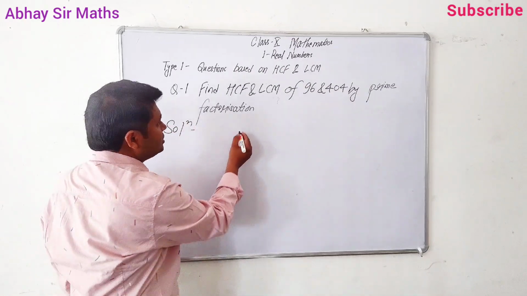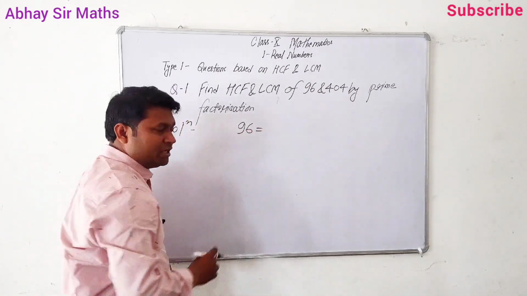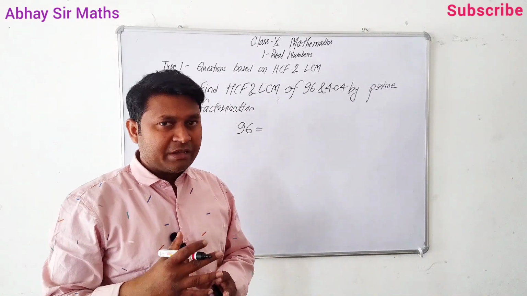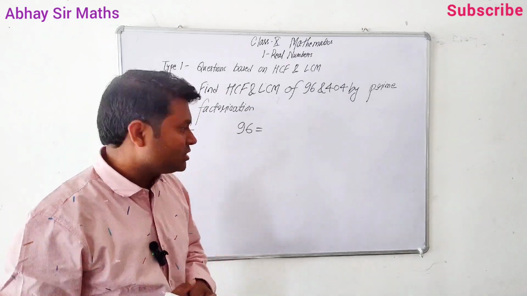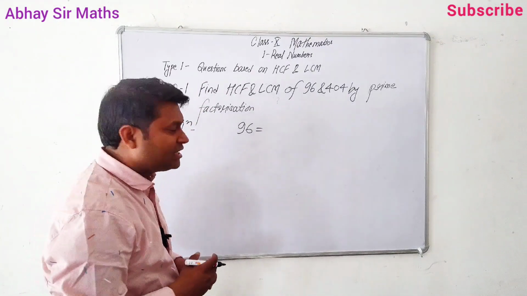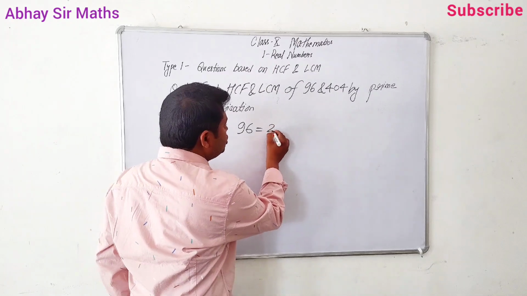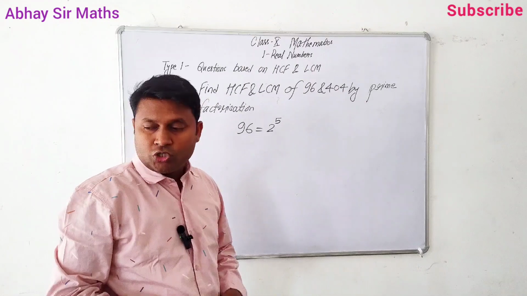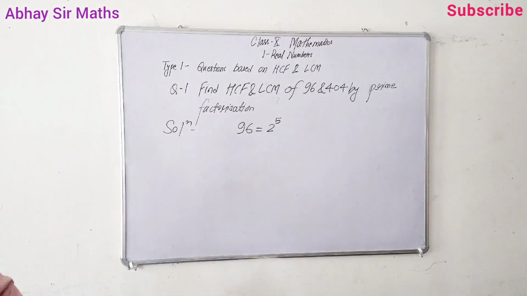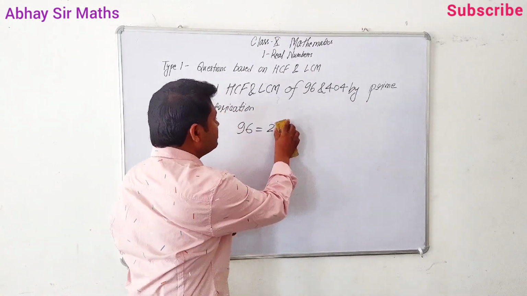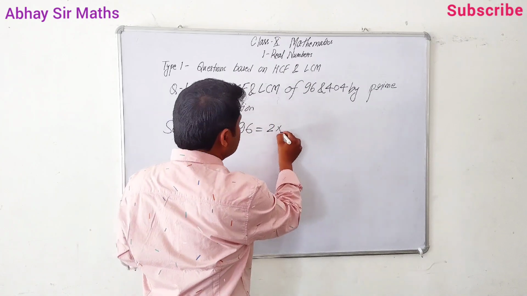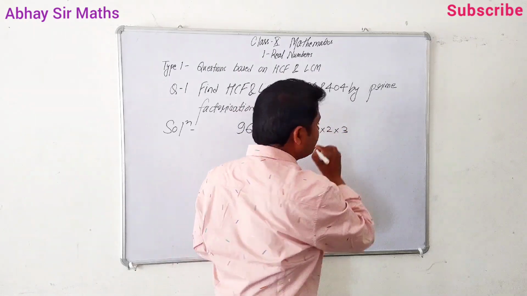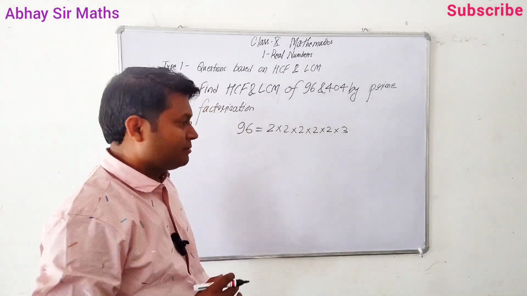You know prime factorization. Whenever we write composite numbers as the product of their prime factors, it is called prime factorization. For example, 96. 96 is what? 2 to the power 5, 2 multiplied 5 times. So let us first write like this: 2 2s are 4, 2 4s are 8, 2 8s are 16, 2 16s are 32, 3 32s are 96.